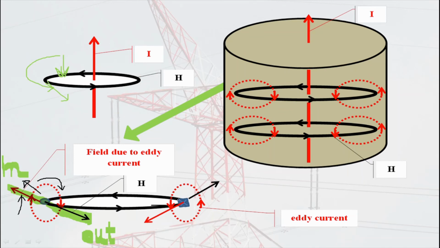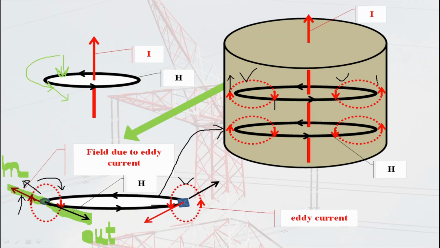Now see this conductor. In this conductor, at these points, eddy current is opposite to the main current. And at these points, near the surface of the conductor, eddy current and main current are in the same direction.